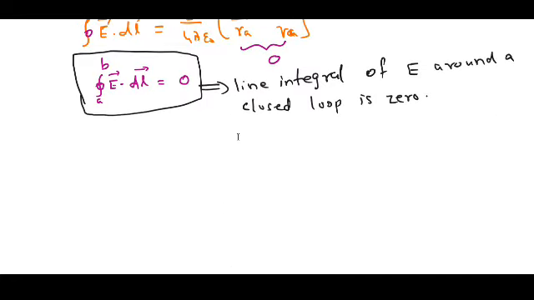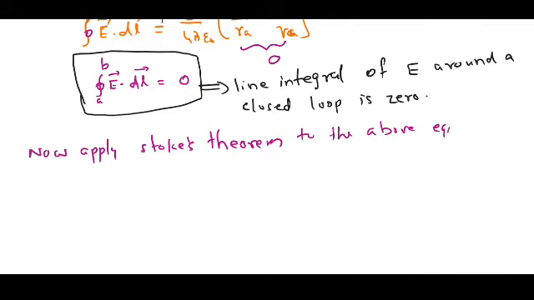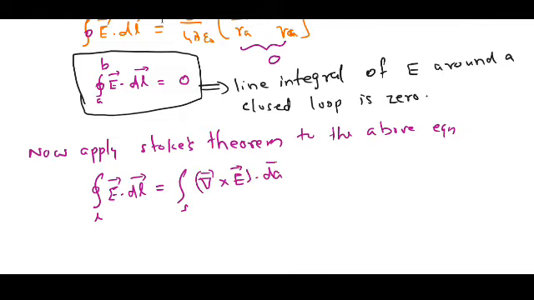Fine. Now apply the Stokes theorem, because we were proving that del cross E is equal to 0. What is Stokes theorem? It is the line integral of E dot dl is equal to the surface integral of del cross E dA.